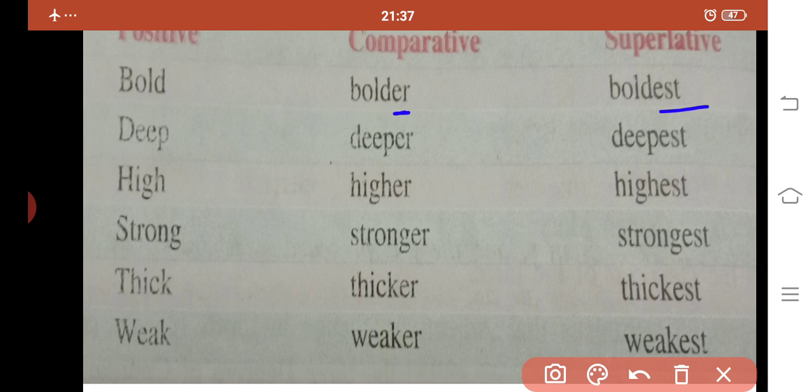This is a superlative degree. Like this we have to create the comparative and superlative forms. Deep became deeper in comparative, deepest in superlative. We need to add er to the base form of the adjective for the comparative degree, and est to the base form to get the superlative degree.